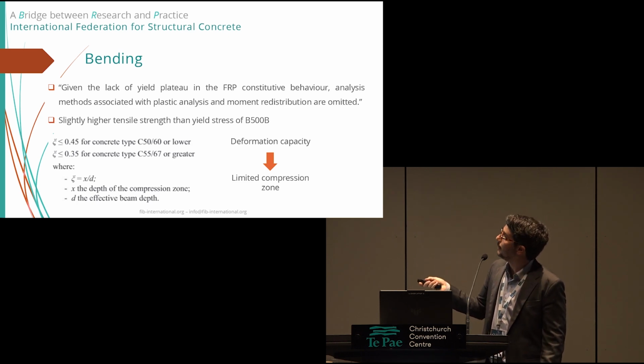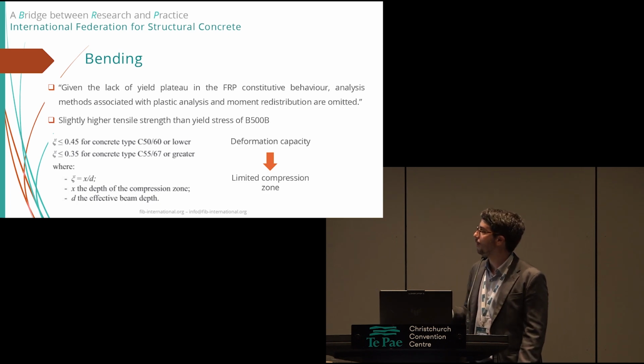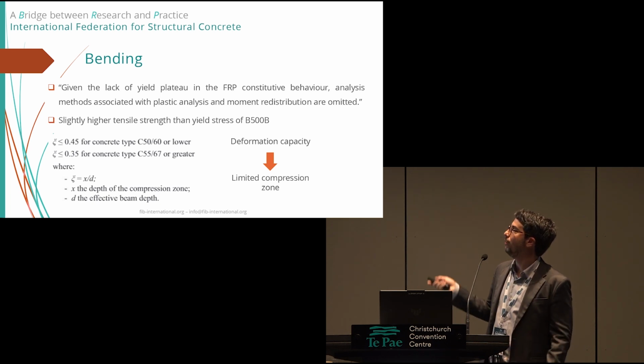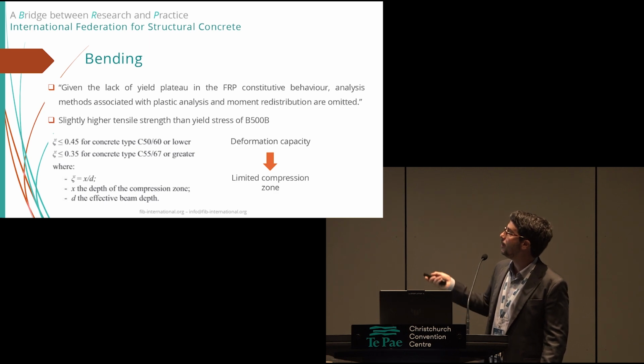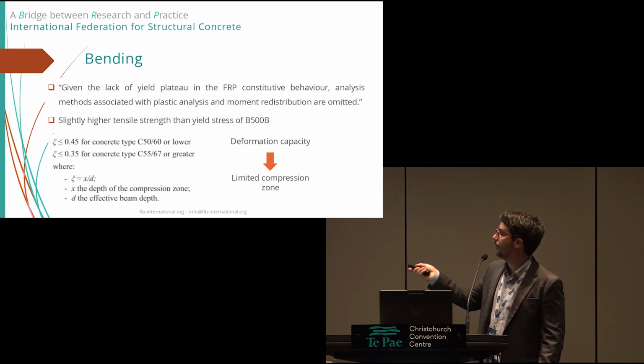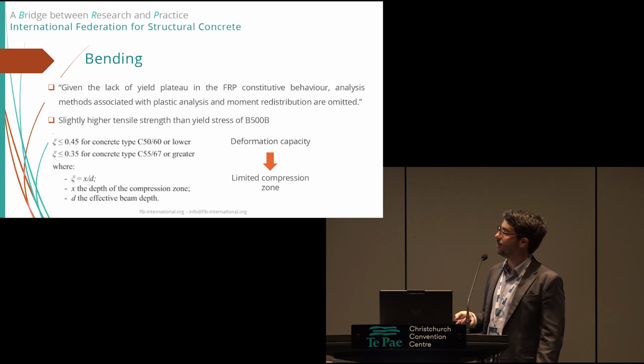The methods associated with plastic analysis and moment redistribution are not applicable. A slightly higher tensile strength is needed compared to regular reinforcement, but on deformation capacity, they had to limit the compression zone, and this is a case for ductility.